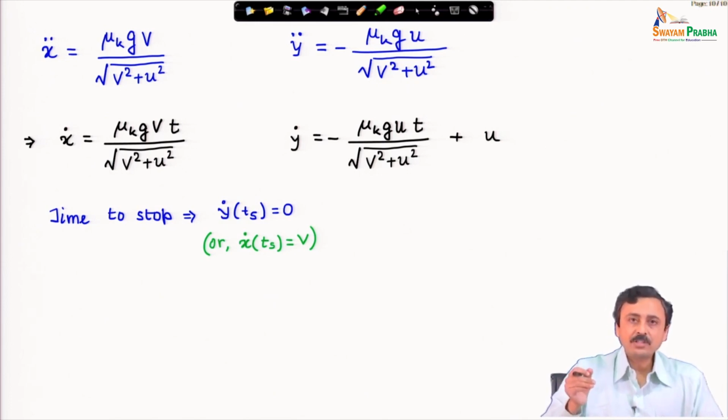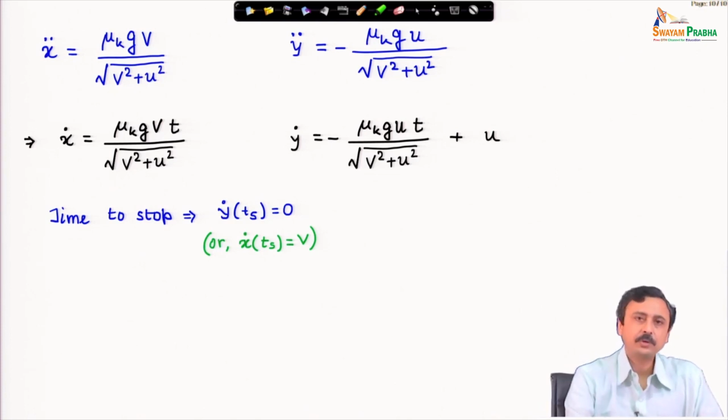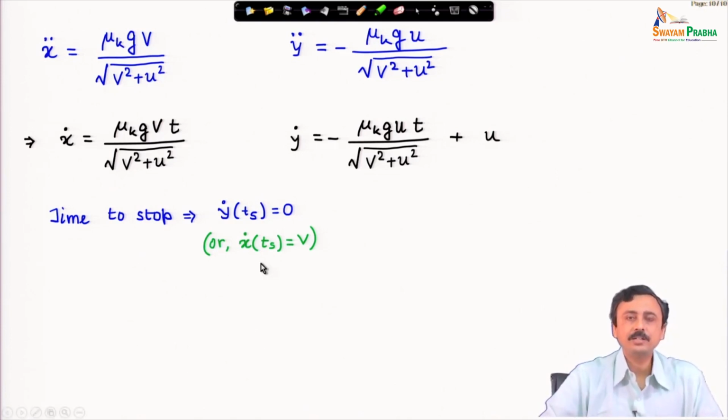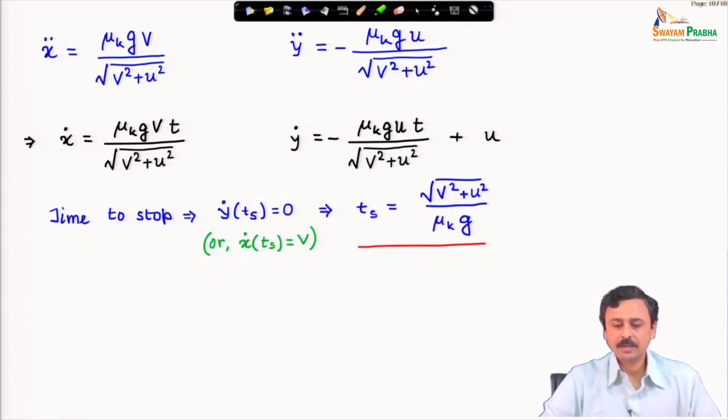When the y velocity is 0, or the observer on the ground, on the platform, sees that the particle is now moving with the belt at the same speed as capital V. Therefore, you can use either of these two conditions to find out the time to stop, and that turns out to be square root of v square plus u square by mu k times g.